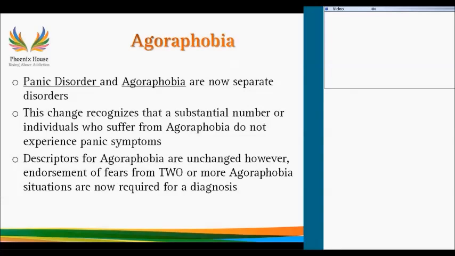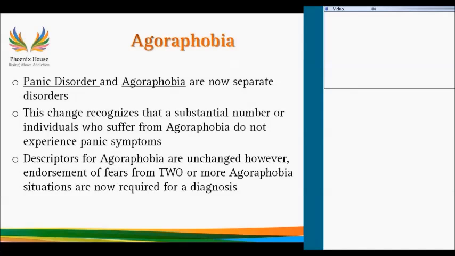The descriptors for agoraphobia are unchanged. Endorsement of fears from 2 or more situations is required. So the person would have to be fearful of open spaces and fearful of being alone without companionship, in terms of not just publicly, but maybe even specifically to neighborhood, communities, familiar places, work, school, recreation.